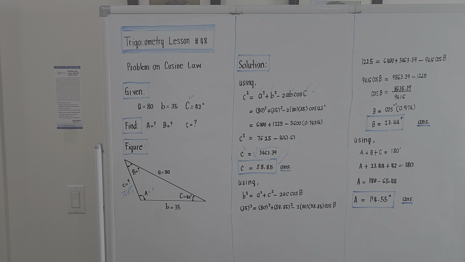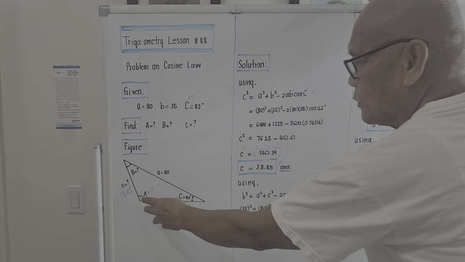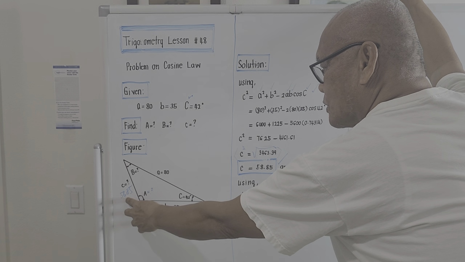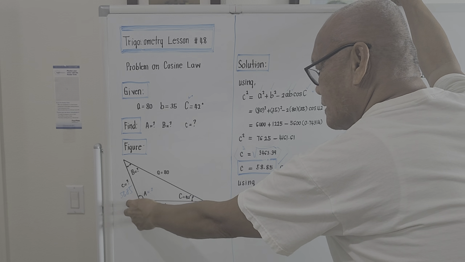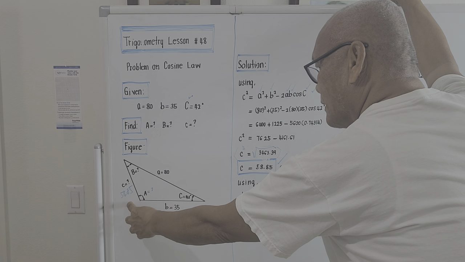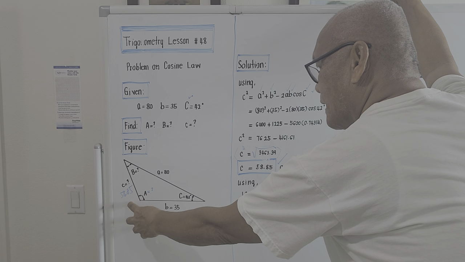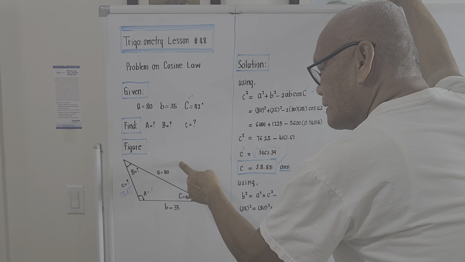Again, we now know this value. So it seems we are now given c and we are given a.